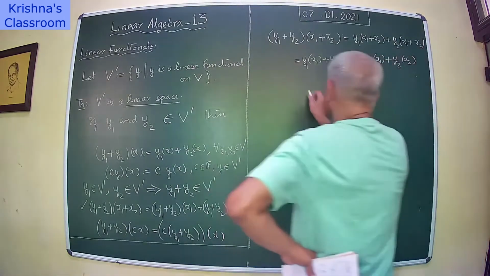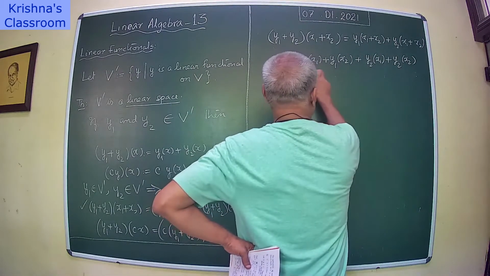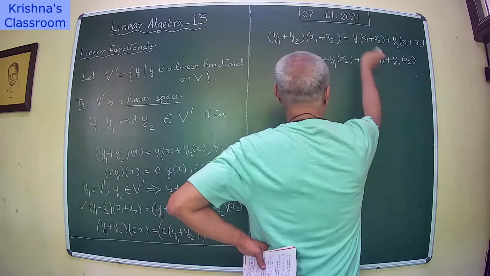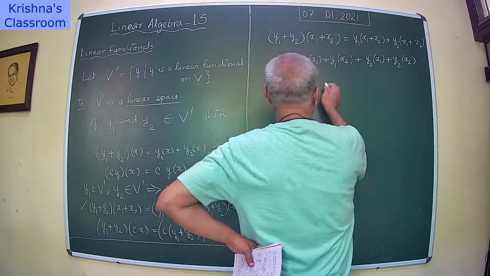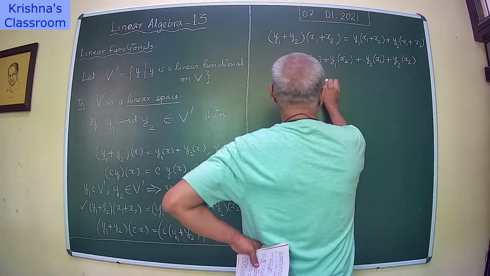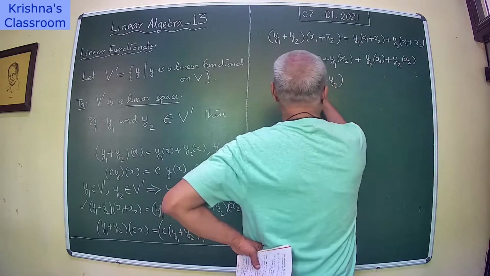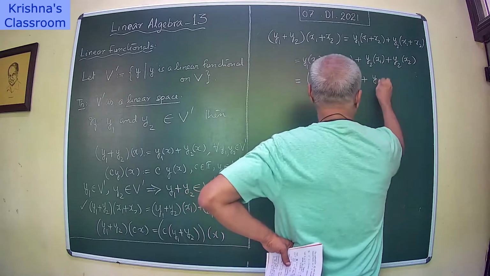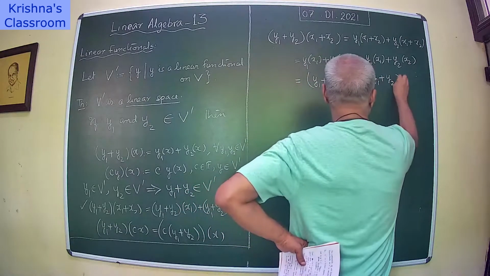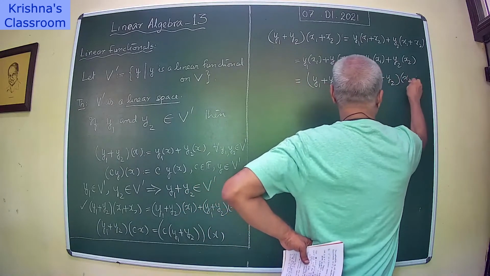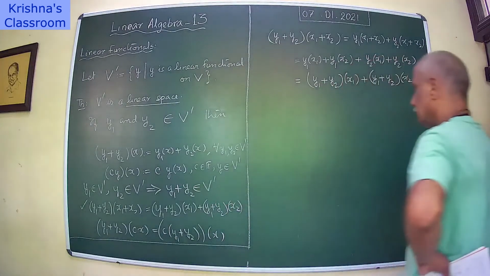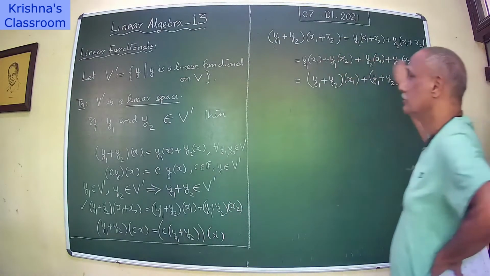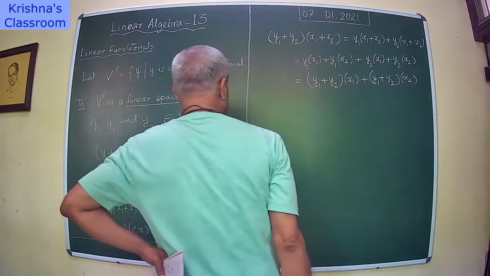Therefore, this is equal to, we interchange these two, so you see that this is actually y1 plus y2 of x1 plus y1 plus y2 of x2. Once again applying the definition. I have skipped one step in there.